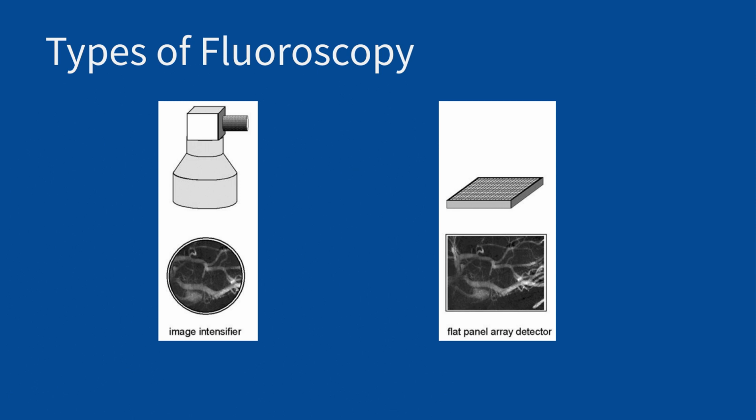And then we have the flat panel array detectors, which are the fully digital ones where there's no more film in between. You can recognize which type you are using by taking a look at the shape of the image. If you're looking at a round image, those are typically image intensifiers. If you're looking at a square image, those are always flat panel array detectors.